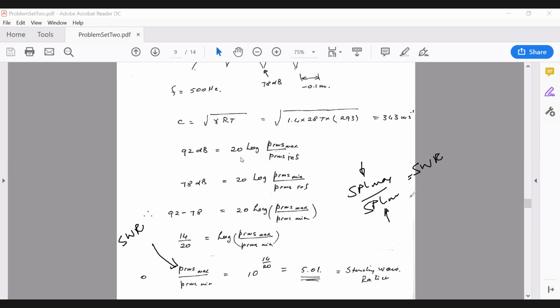It's not really an absolute unit like Pascal, or a defined unit like Pascal. If you want to find a standing wave ratio, the way that we define it in the lecture notes, or indeed as a standard, we need the magnitude, not those quantities expressed in terms of decibels.